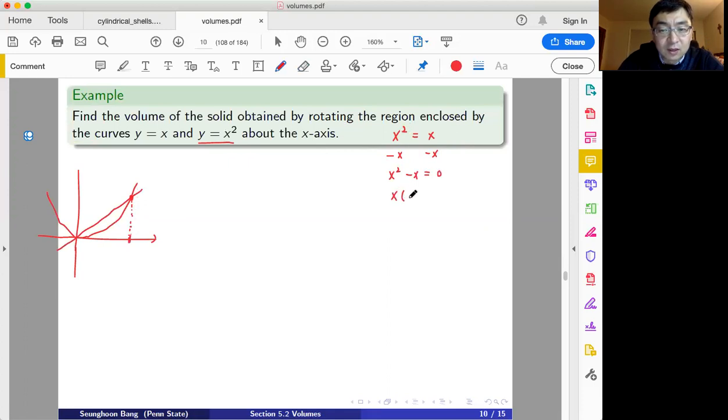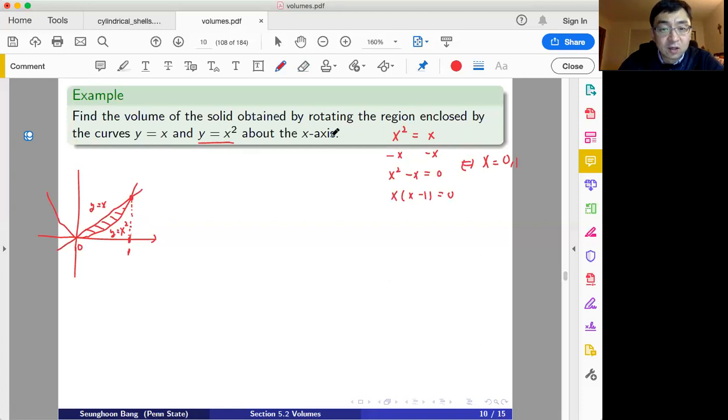Factor out x: x times x minus 1 equals 0. What is x? x is 0 and 1. So this is 0, this is 1, and we have this region. This is y equals x, and the bottom one is y equals x squared.